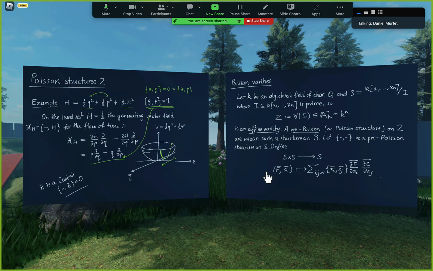The first question is, is that well defined? It could fail to be well defined because I'm defining it by choosing representatives of the equivalence classes, right?